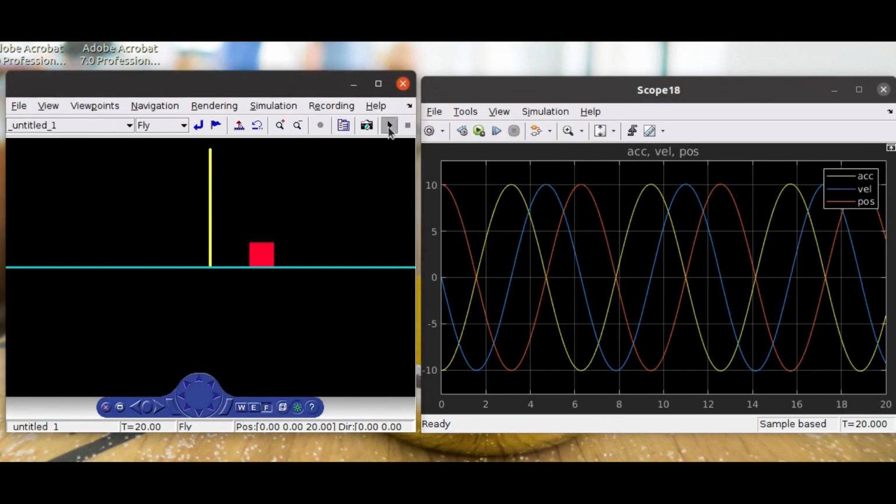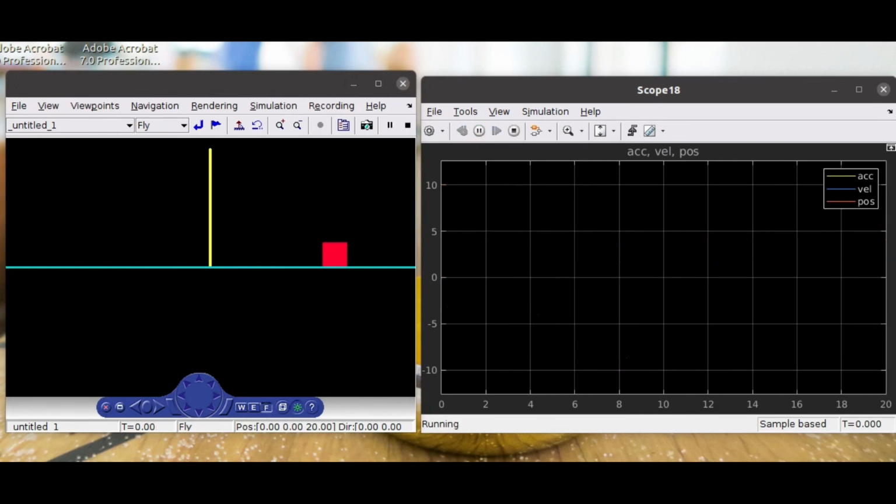As we simulate the system, you can see the same in the VR world simulation. First, the body goes towards the left because the force is acting towards the left. The velocity is acting towards the left. And the body gains velocity as it is moving towards the left.